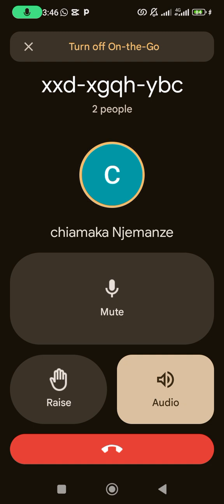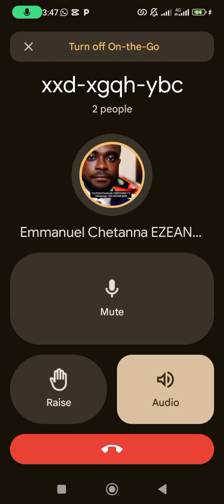Now the next one is sedentary lifestyle. Another modifiable factor. You are not exercising.